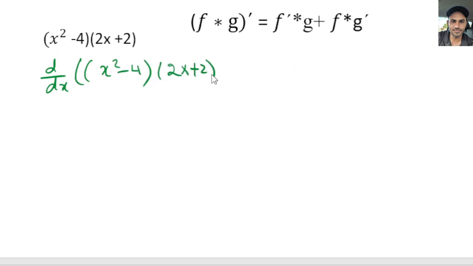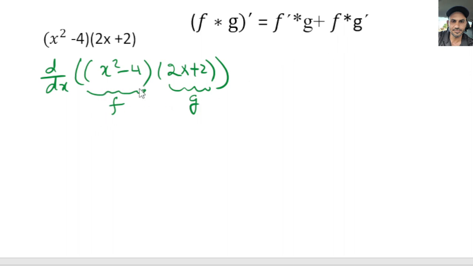Okay, so now this is our f and this is our function g. They're multiplying together, and we're going to apply this particular rule right here.